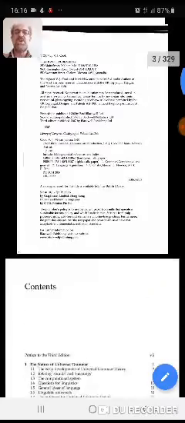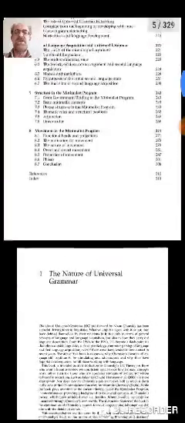One is V.J. Cook, and the other is Mark Newman. In order for us to understand, we have to check what we mean by universal grammar. Let us begin with the introduction at page 1.